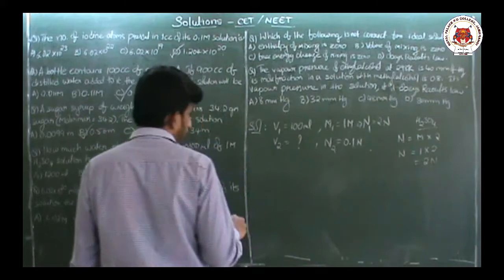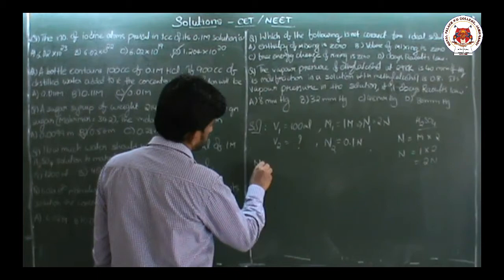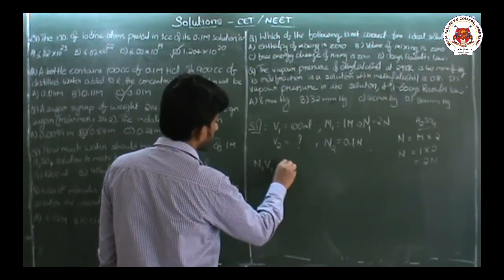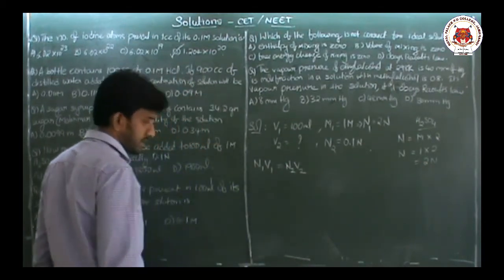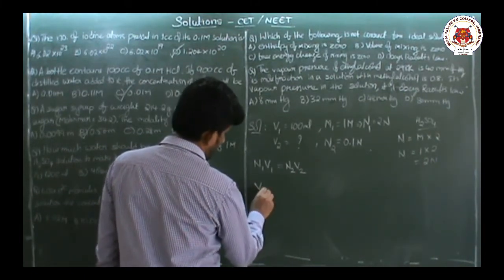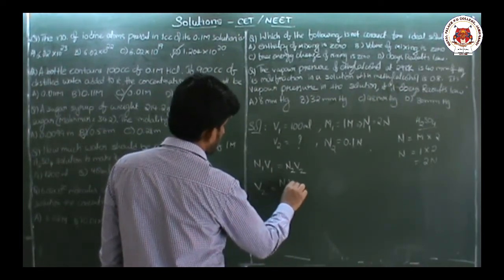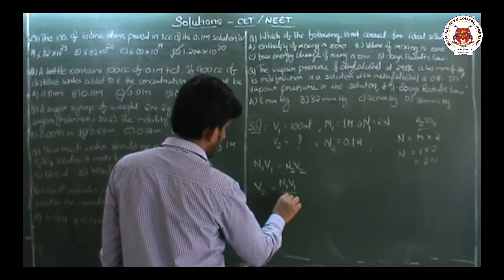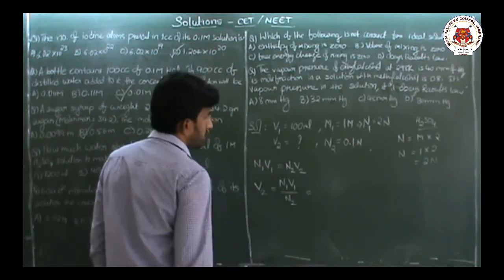Now let's apply this formula, N1V1 is equal to N2V2. From this we want volume V2. Now what is V2? V2 is equal to N1V1 divided by N2. What is N1?